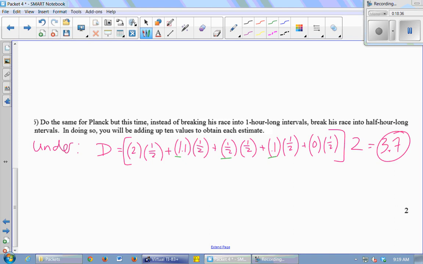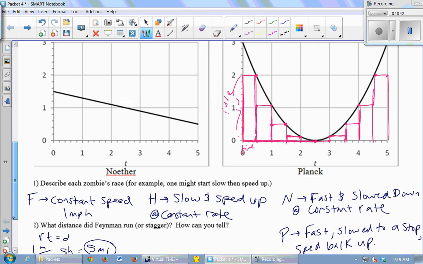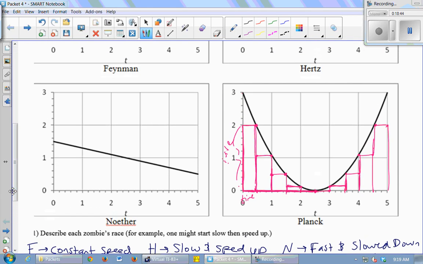If I wanted an overestimate, I would overestimate his speed on each half-hour interval. Okay, so for my first half hour, instead of assuming he went the slowest that he went on that whole interval, I'm going to assume he went the fastest for the whole time. So I would assume that he traveled at 3 miles per hour for that whole interval. So that rectangle is going to represent my distance traveled.